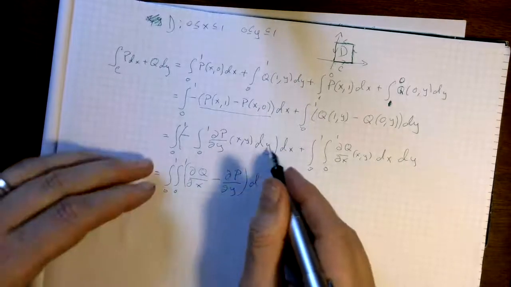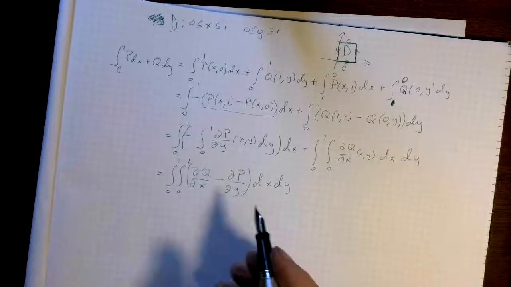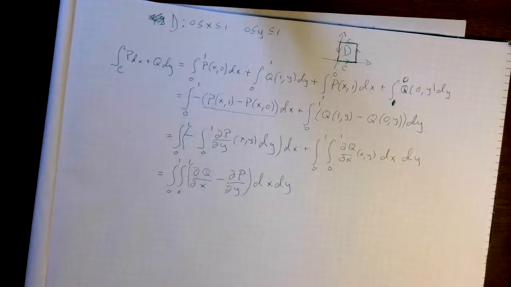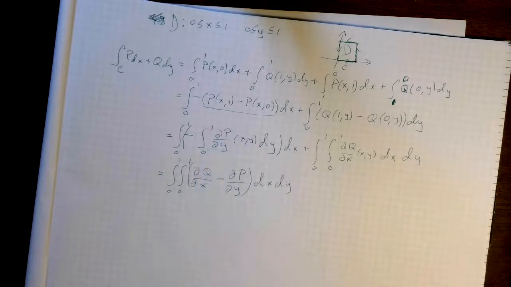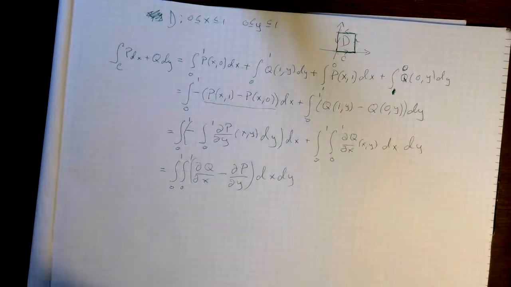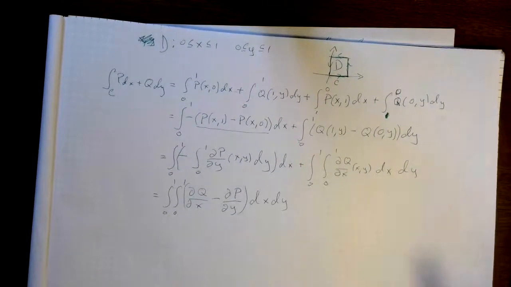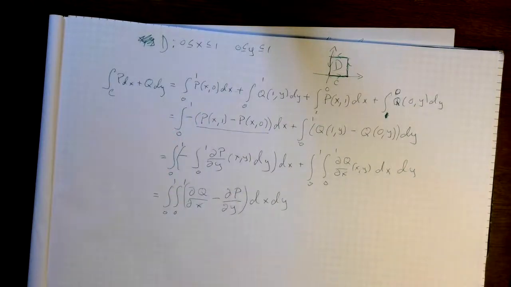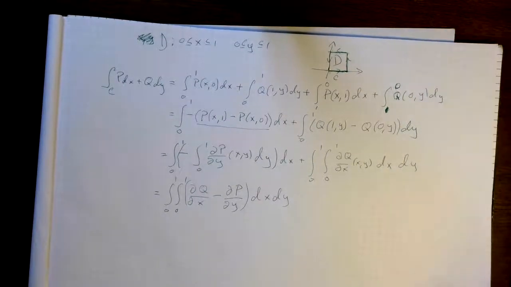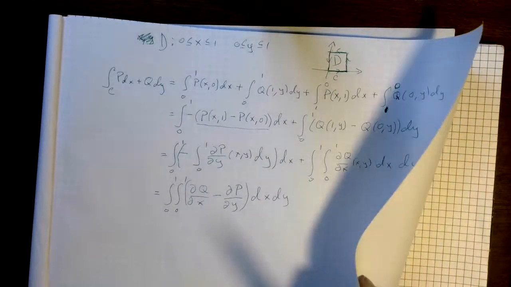I can swap the order here. So it really is just applying the fundamental theorem of calculus twice. So it's not quite a proof of the theorem, but it tells you at least why this really is just the fundamental theorem of calculus, written in a funky way.